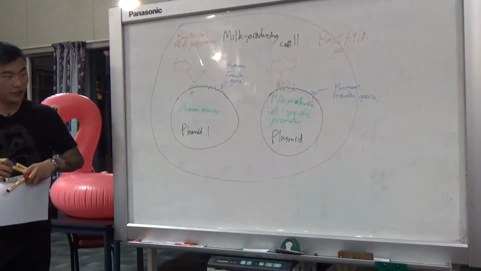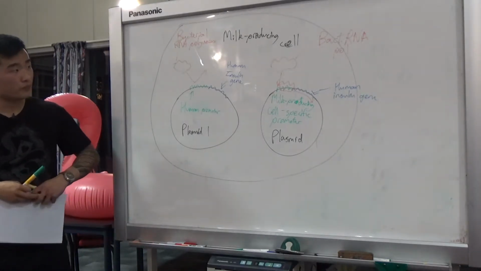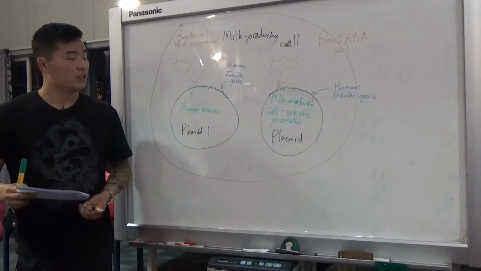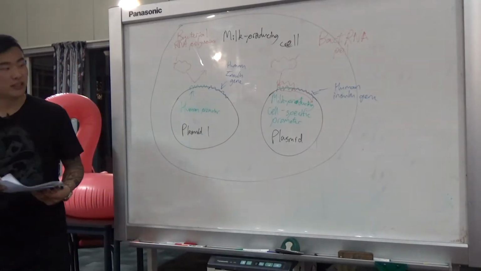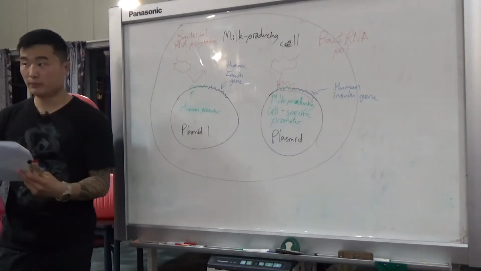So if you only wanted to produce in a cell that produces milk, like in a transgenic animal, then yeah, you need to have a special promoter for that.